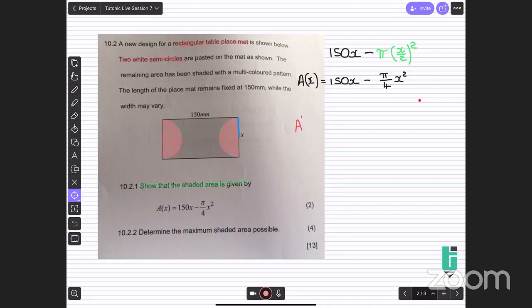A frowning parabola. How do you know? There's a minus in front of the pi over 4. Every frowning parabola has a maximum. So just from looking at the equation, you can already say that it's going to be a maximum.